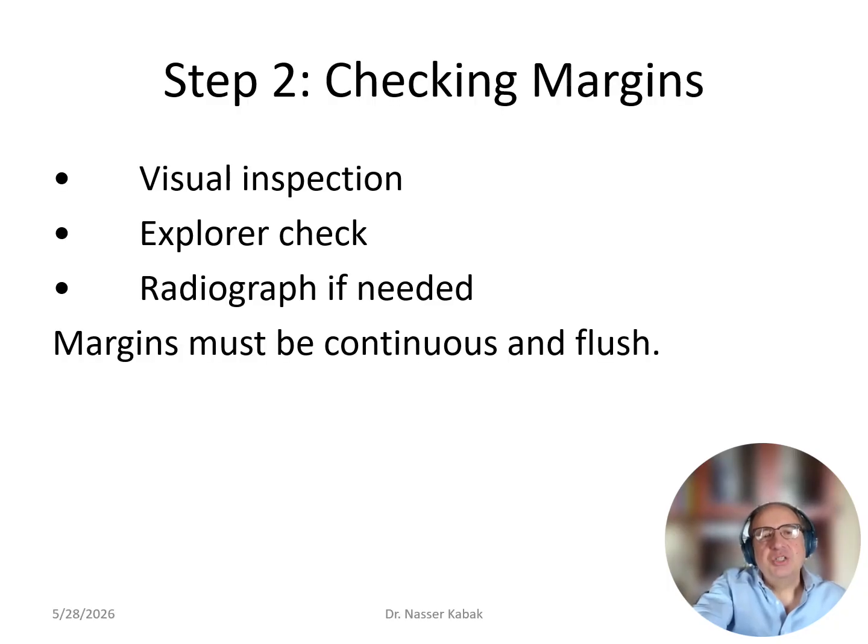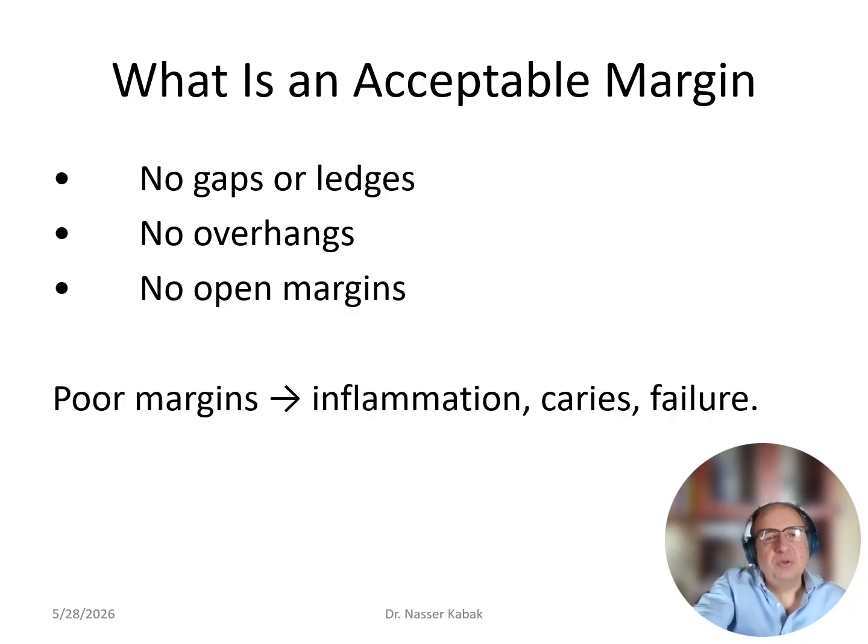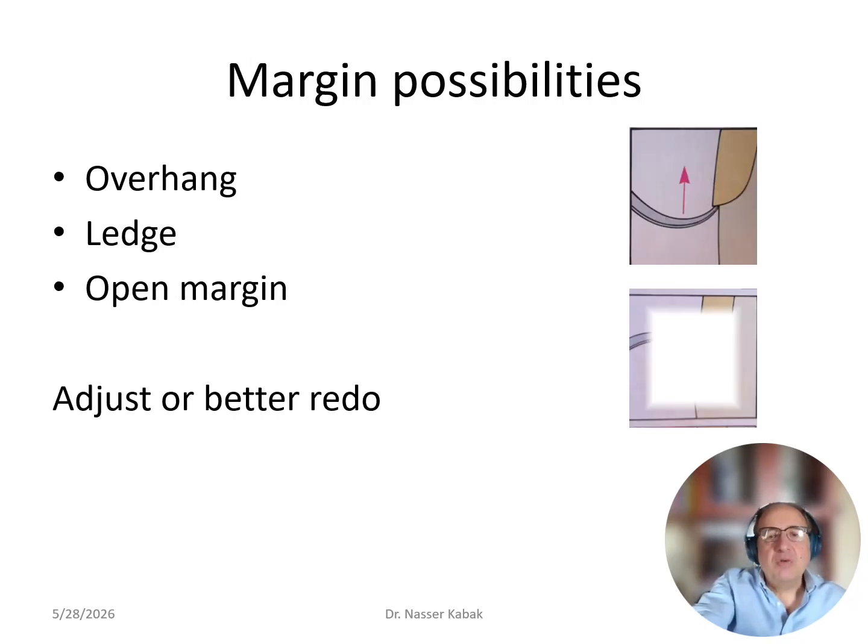Margin evaluation, we should check the margins if they are well fitting or not, if there are gaps, for example, overhangs. What does it mean overhang? Overhang is a sort of place at the margin where this margin is overextended outside the preparation area.